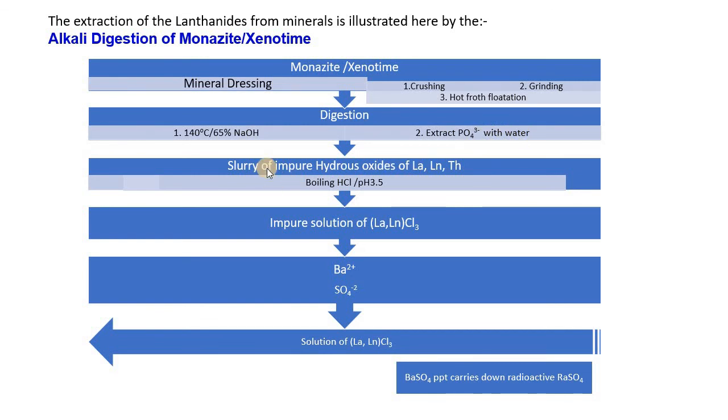A slurry, a paste-like material of impure hydrous oxides of lanthanum, lanthanide, and thorium, is obtained. Now boil with HCl at pH 3.5. An impure solution of lanthanum and lanthanide chlorides is obtained.